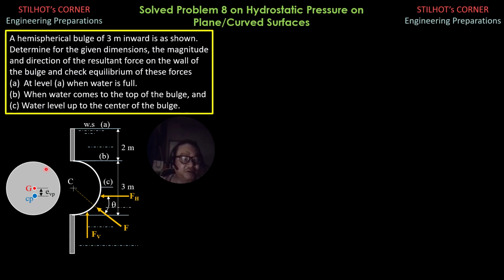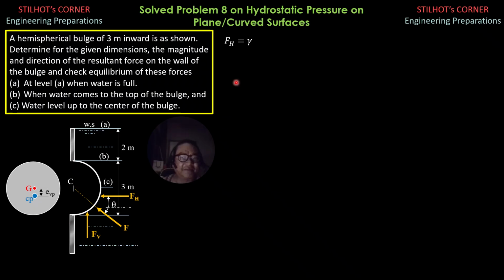Then because of symmetry, the center of pressure is aligned. That's why it is below and Fh passes through that point. Likewise, Fv passes through the centroid of the hemisphere, which is 3/8 of the radius from the left.